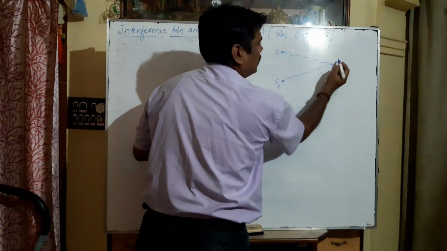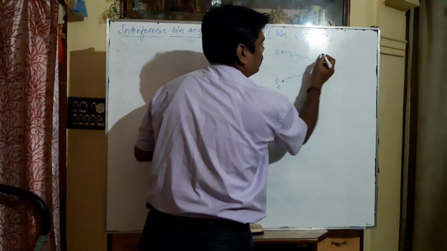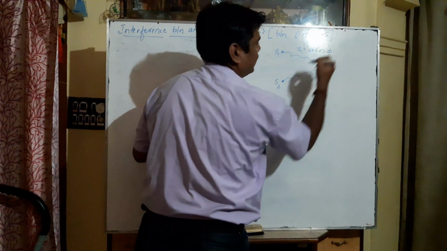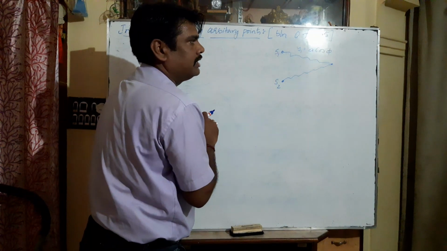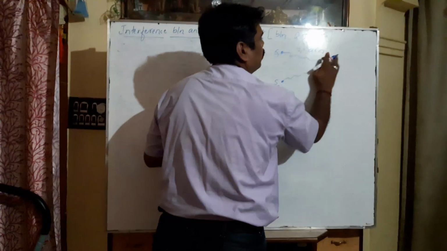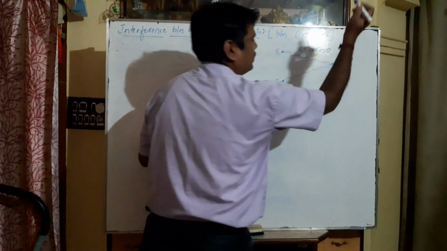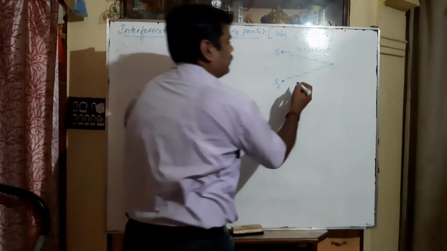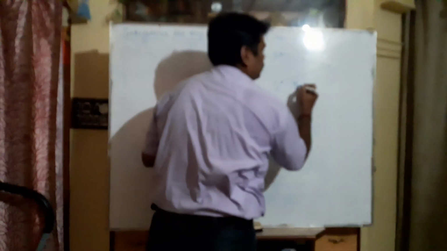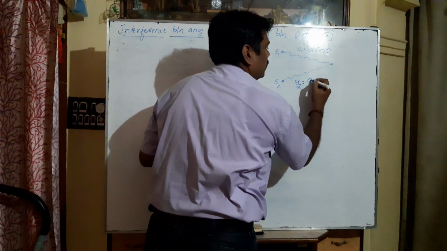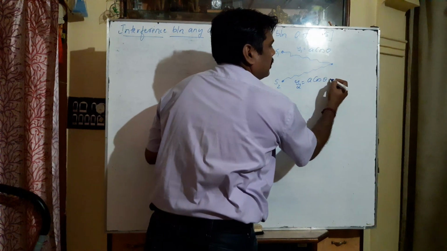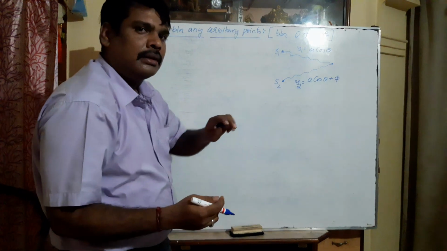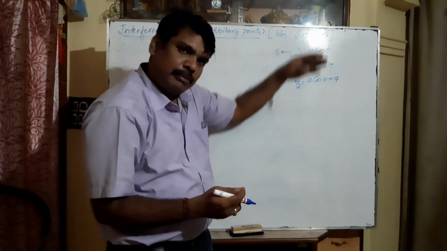From here to here, let us consider y1 is equal to a cos theta. Clear? So from here to here it is y2 is equal to a cos of theta plus or minus phi. Plus means above value, minus means below value.